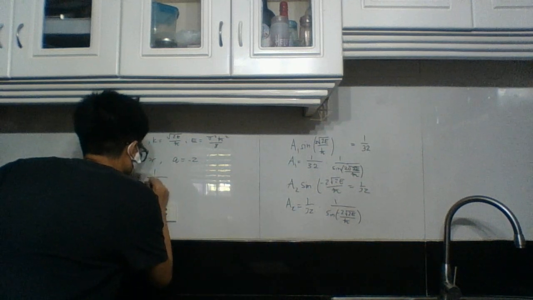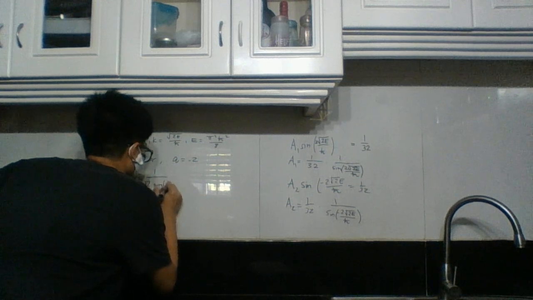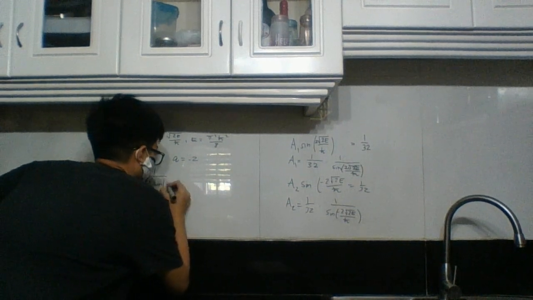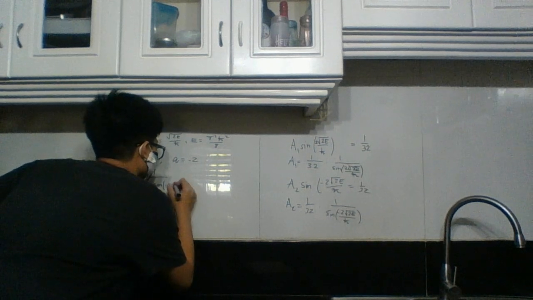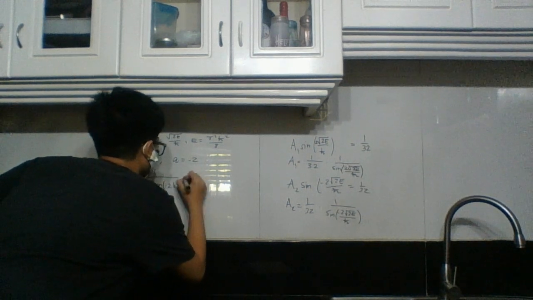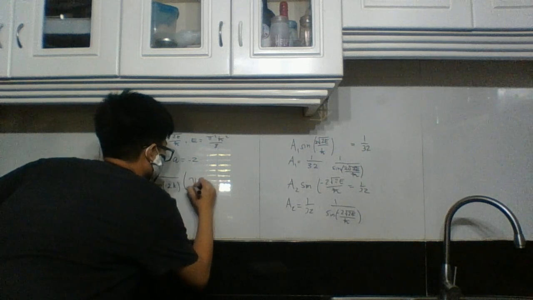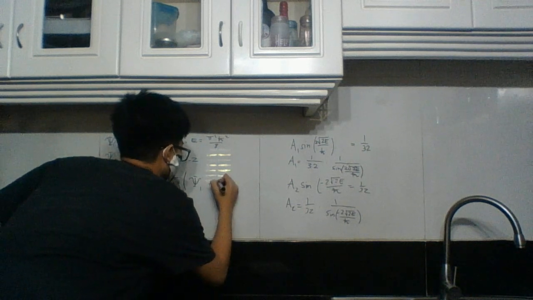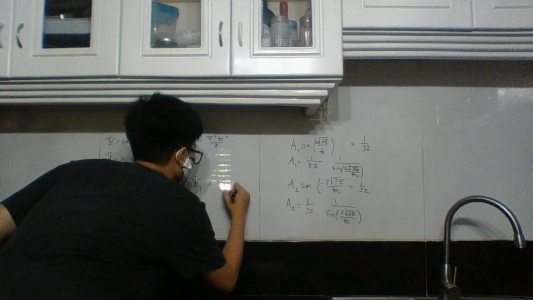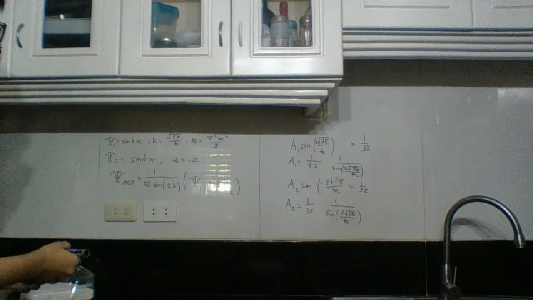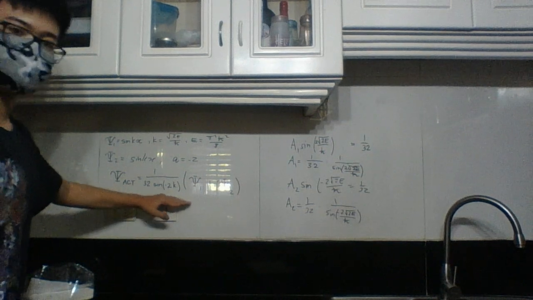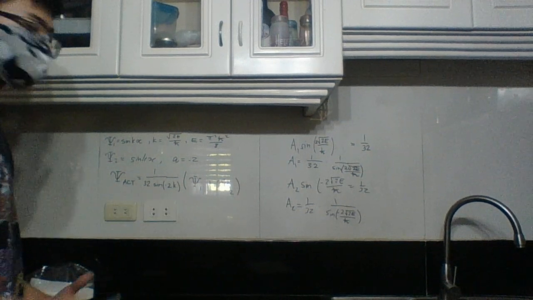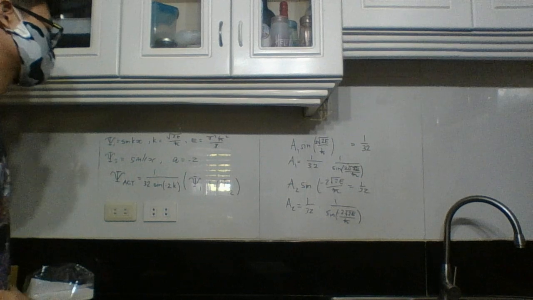So 1 over 32 sine of minus 2k times the first wave function plus the second wave function. And this, ladies and gentlemen, is my friend's wave function, or the wave function of my friend's love state.